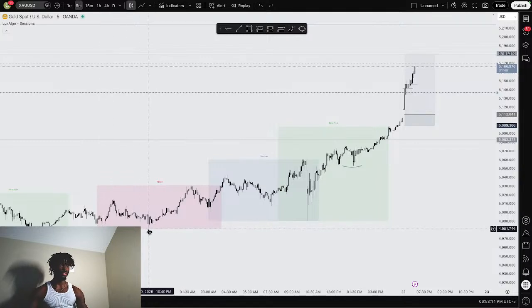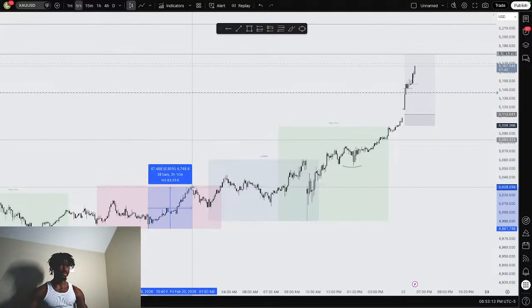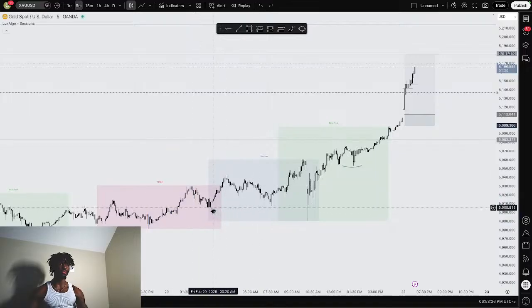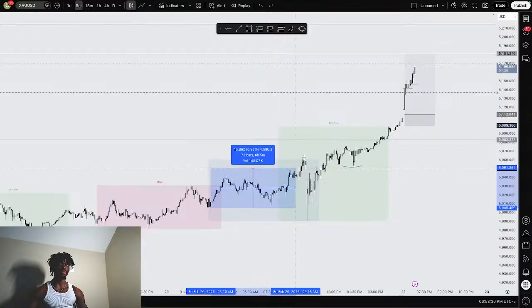The bottom, the low, to the high, from 40 to 80, yeah, 400 pips, basically 500 pips. 500 pips during Asian session. The low of London session to the high of London session, 500 pips.